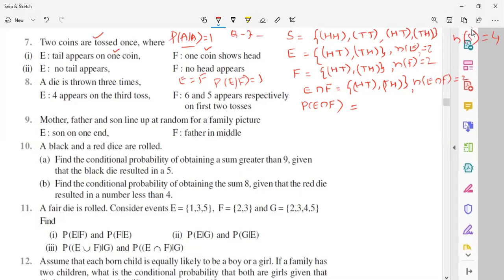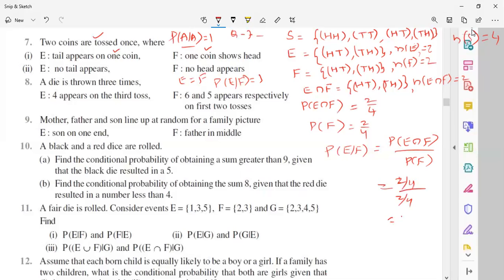So probability of E intersection F is 2 by 4, and then probability of F is again 2 by 4. So probability of E when F has already occurred is equal to probability of E intersection F divided by probability of F. So 2 by 4 upon 2 by 4 is equal to 1.